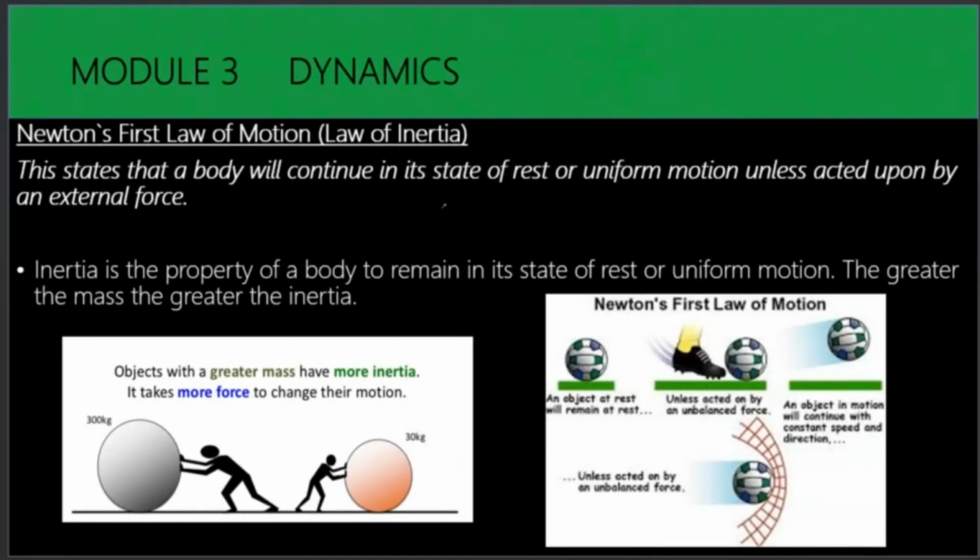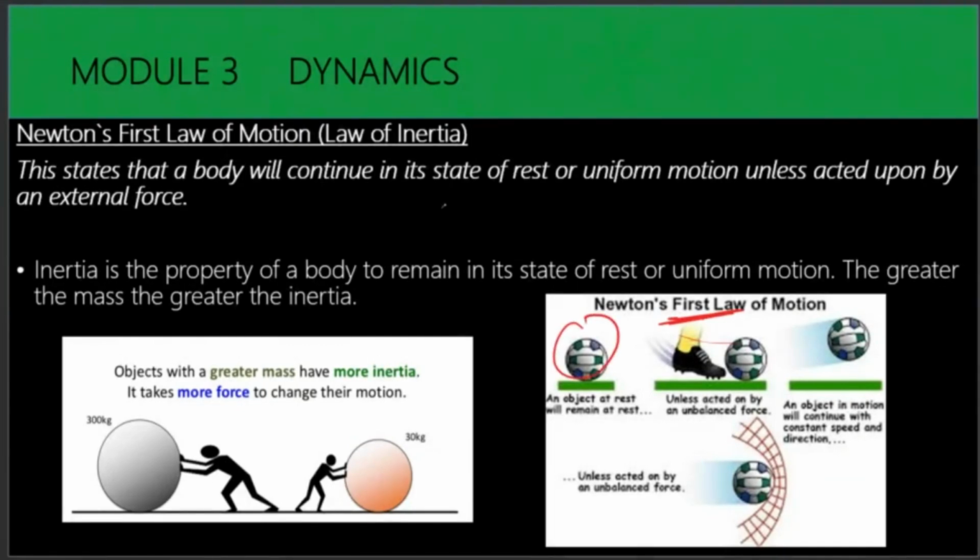There is a picture that I put here as well, just to describe a body that is moving in uniform motion or at rest. This picture actually describes Newton's first law of motion.